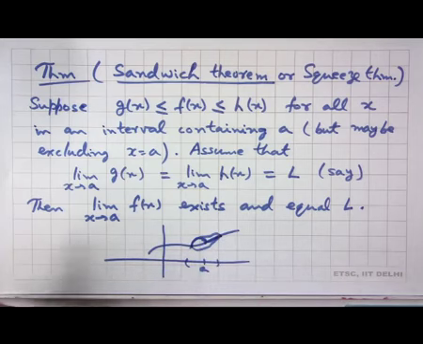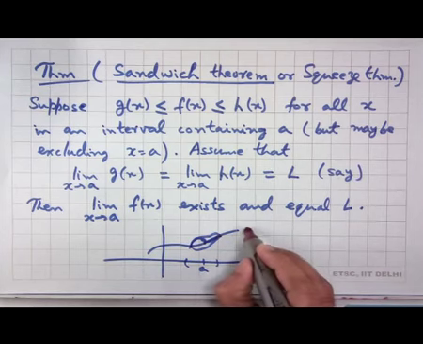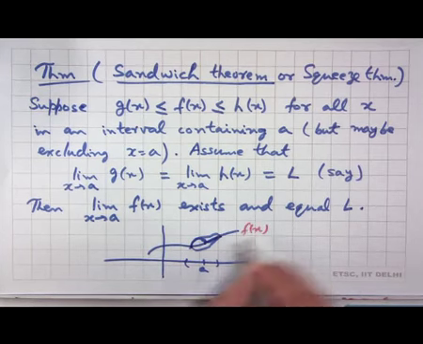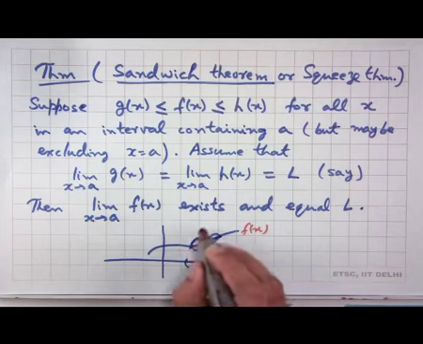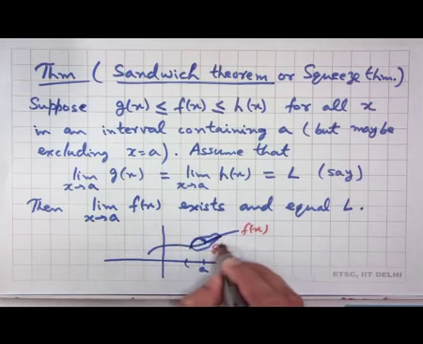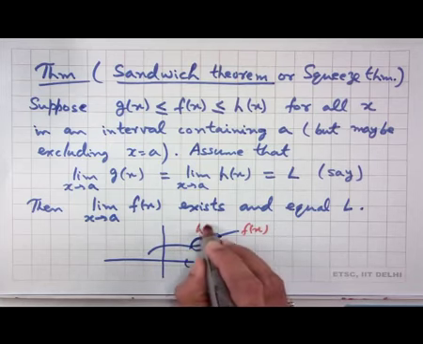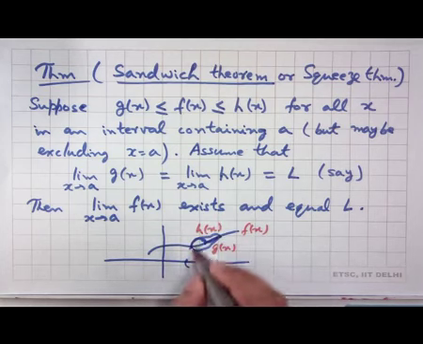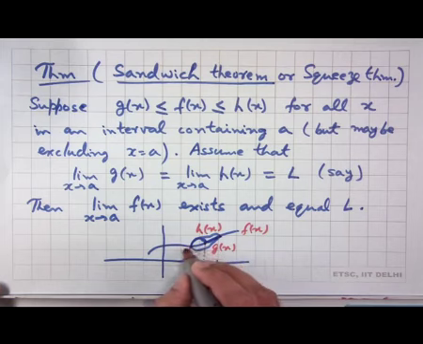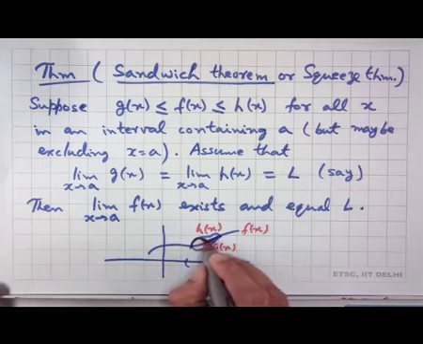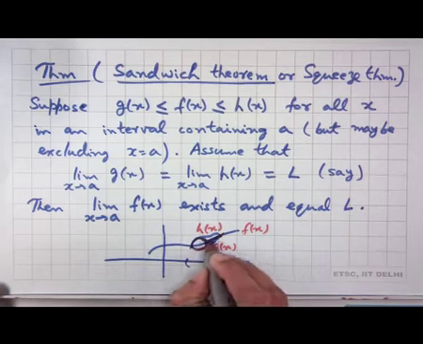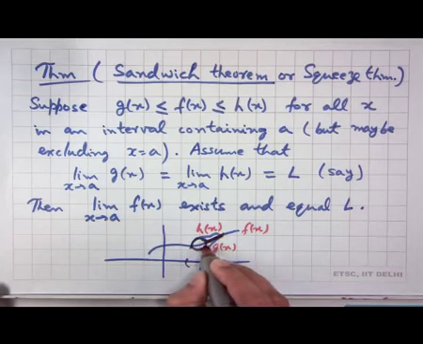Let me draw this. So, we have f of x and we have g of x and h of x. In case the limits at this point of the upper function h of x and the lower function g of x are both the same, then the limit of f of x is also the same.